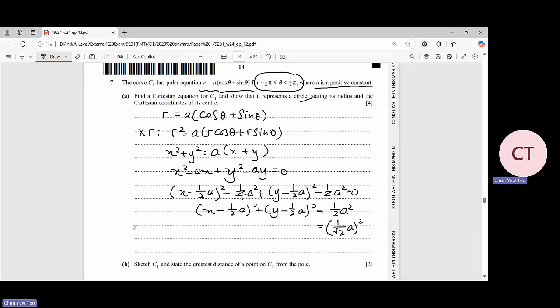So therefore this is a circle with the center at (a/2, a/2), and the radius r is equal to a over root 2. This will be the answer for 7A.